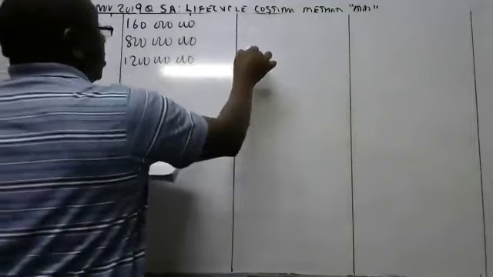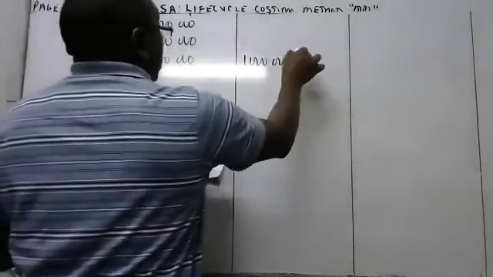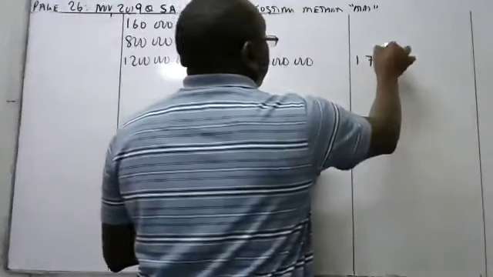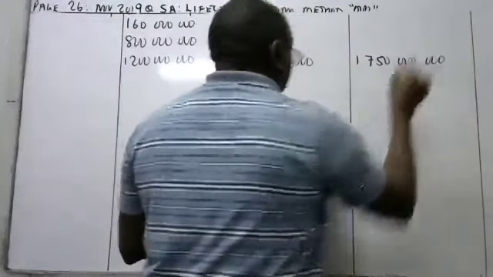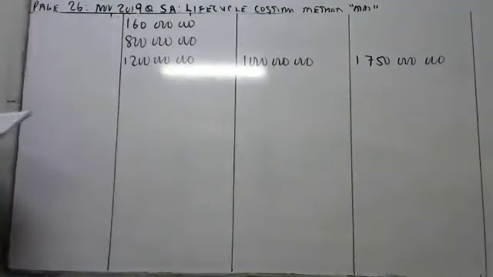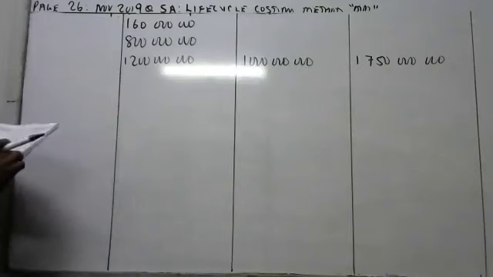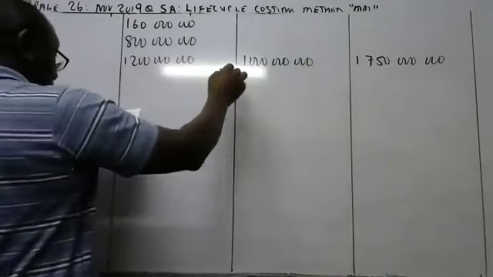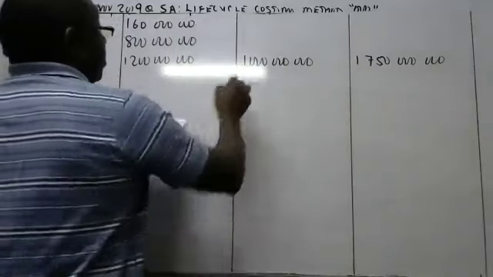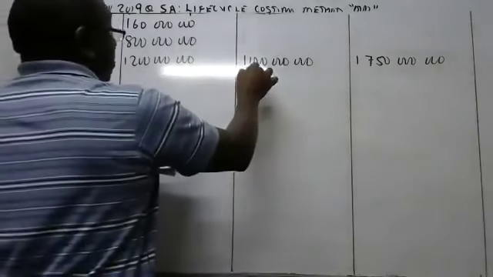Kuna 1 million. 1 billion, eh? 1,750. Nikikuja kwa the variable, it is 40,000 times the 100,000 units. So see itakuwa 4 billion. 4 billion.